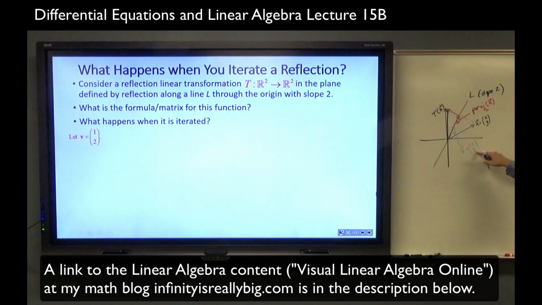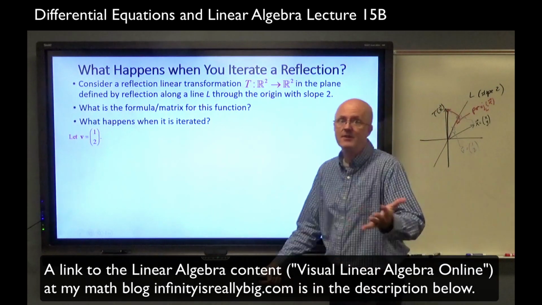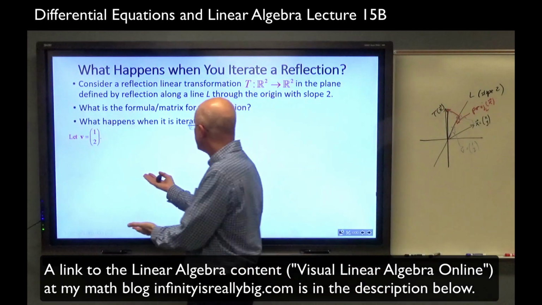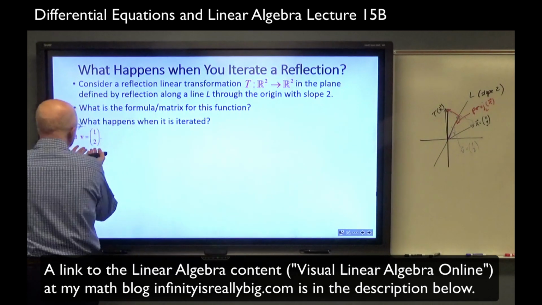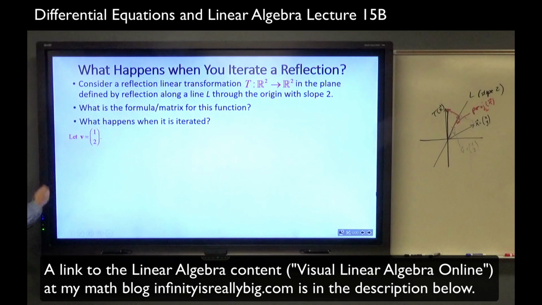Take the vertical component and divide by the horizontal component, and you get the slope of the line. The projection formula to project x along that line does involve this vector v that's parallel to the line. This is not a unique answer for v. I could have picked 2, 4 or 3, 6, but this is maybe the simplest vector to pick that's parallel to that line. Note v is parallel to L.